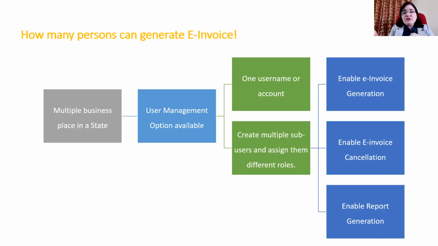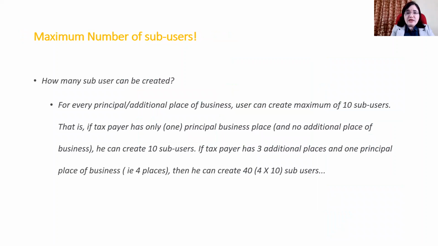Let's say I allot one person who can only generate the e-invoice related to that movement or those goods. Another person can only cancel e-invoices. That person will have limited access to that tab only. So as a main user, you can create sub users. If you see the FAQ, you can create 10 sub users for one principal place of business. So if you have 4 places of business, then you can create 40 sub users. For one place of business, 10 sub users are allowed.